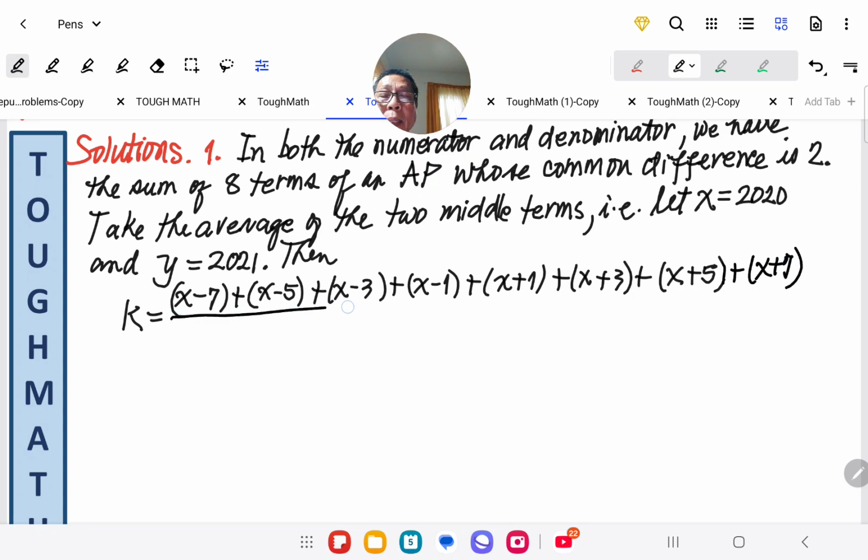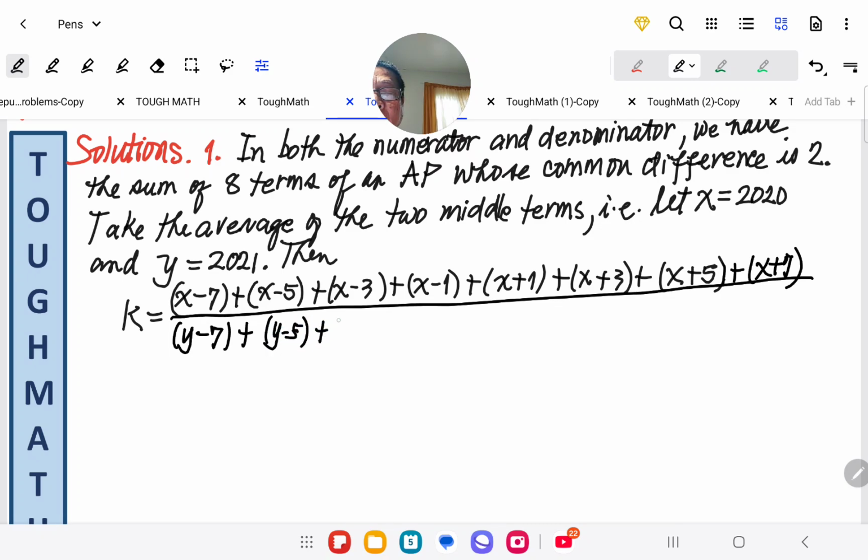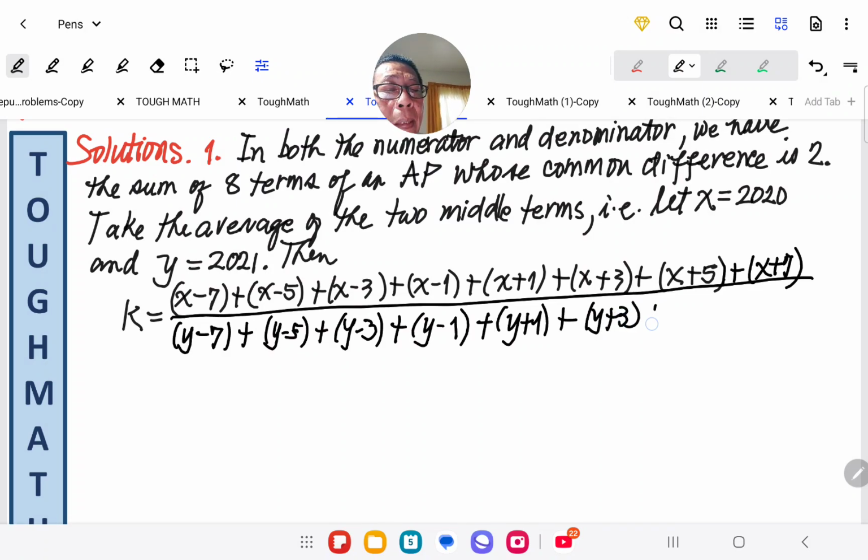So that's the numerator. The denominator would be y minus 7 plus y minus 5 plus y minus 3 plus y minus 1 plus y plus 1 plus y plus 3 plus y plus 5 plus y plus 7.